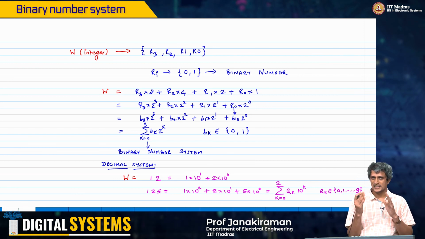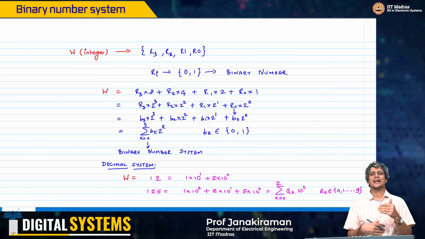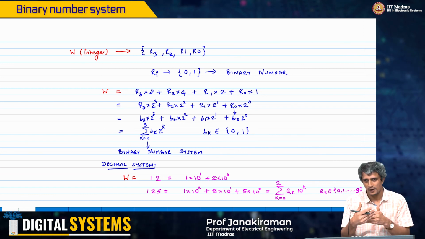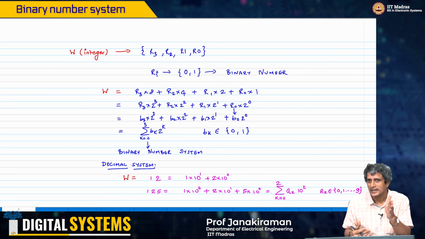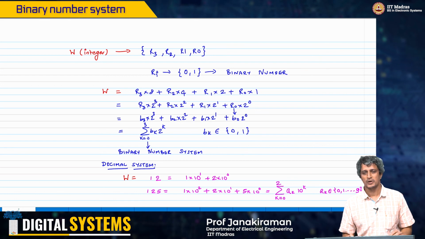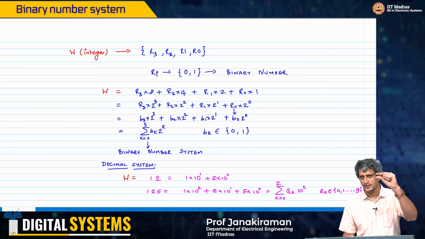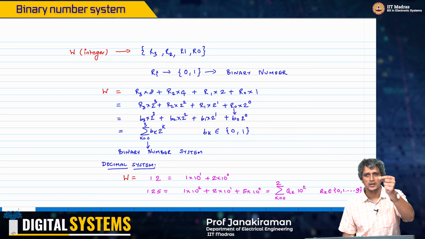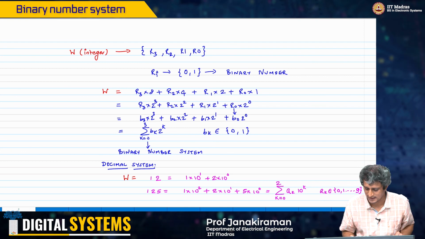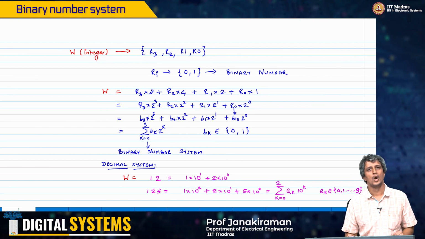In the decimal number system, the moment you exceed 9, you go to the number 10, so you add an extra digit. On the other hand, in the binary number system, because you are dealing only with 0 and 1, you count from 0 and reach 1. The moment you reach 1, the next number has to be 1 and 0, which is the equivalent of the number 2.